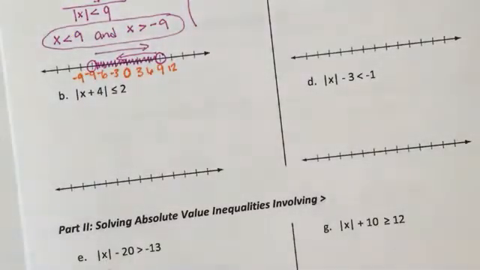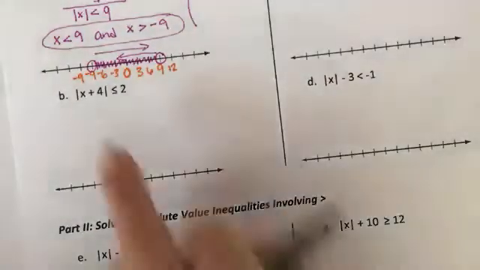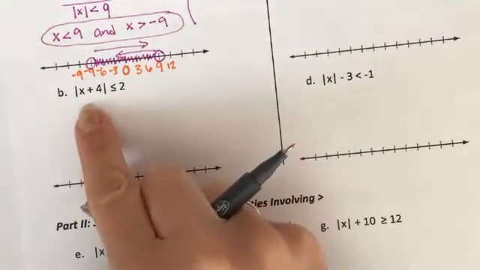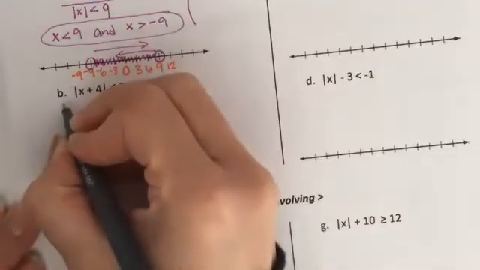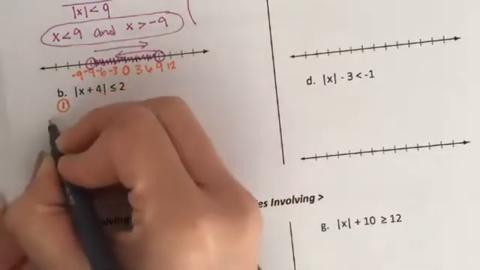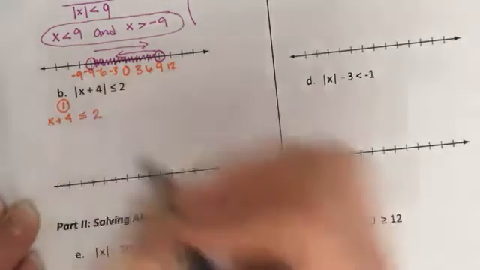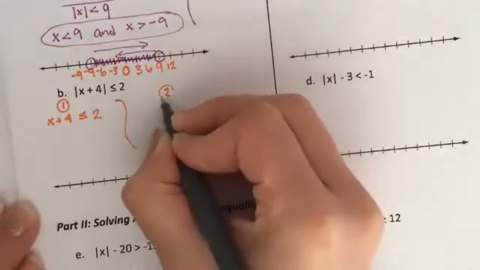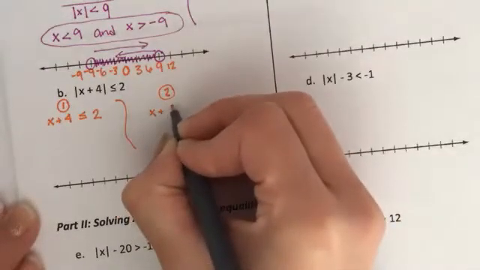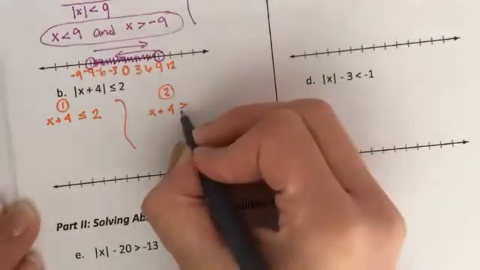So then B, I have absolute values by itself, so we're good in that department. So I'm going to make my two cases. Case 1 looks exactly the same. Case 2, you have to flip your inequality symbol and make it a negative.